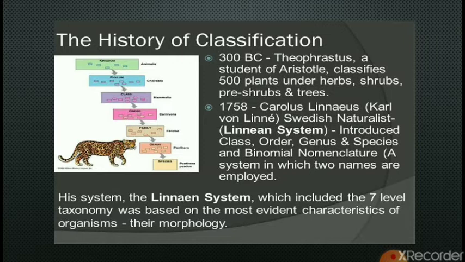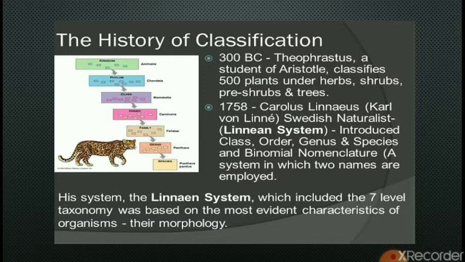In 1758, Carolus Linnaeus, who is called the father of taxonomy, introduced class, order, genus, and species. He also introduced binomial nomenclature for the scientific naming of different living organisms.